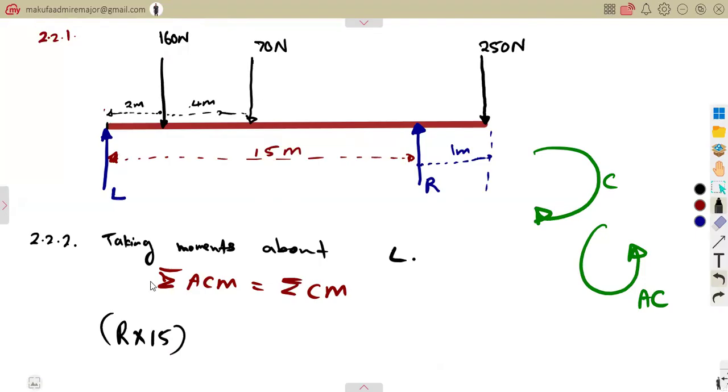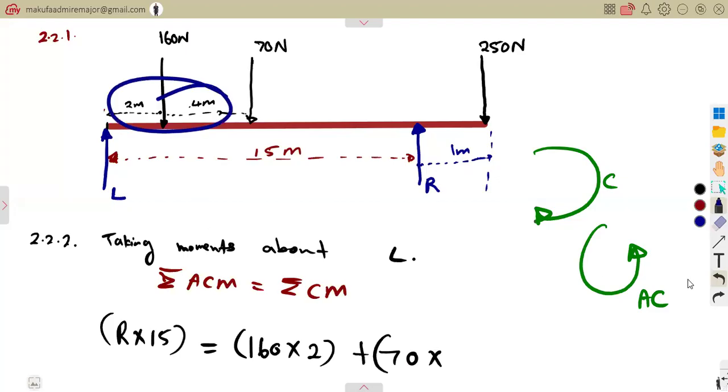This is the only part that we have in the anti-clockwise. In the clockwise, we've got 160 back to L, 160 times a distance of 2 meters. 70 back to L again, that is 70 times how many meters? 2 plus 4, that is 6 meters.